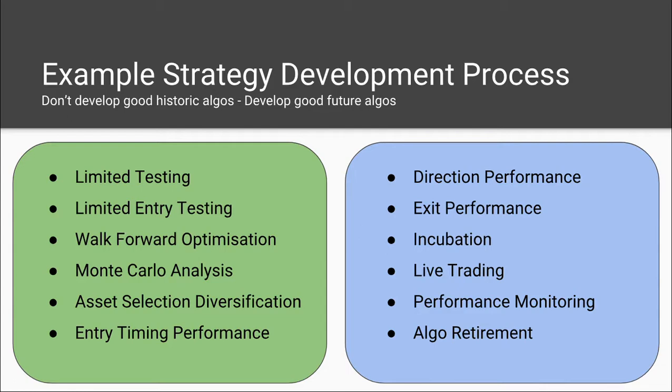Like 10 years' worth of data, I don't just run it on that and choose the best set of parameters. I will run a walk forward optimization, which you can Google, walk forward optimization or walk forward analysis or whatever people may call it, and learn about that yourself. But it's a much better way to optimize your system.